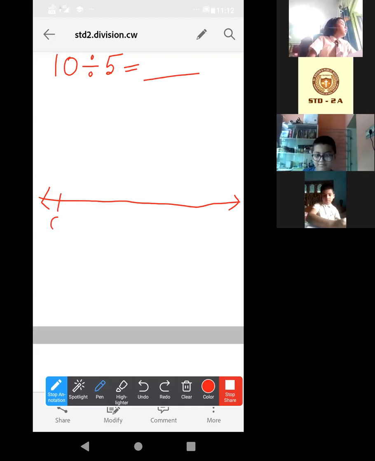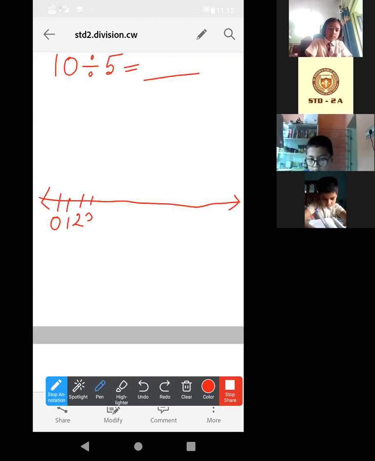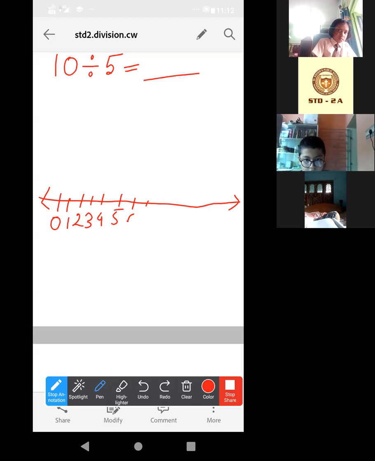Starting with 0, 1, and this gap must be equal. Then 2, 3, 4, 5, 6, 7, 8. No need to do it all, just try to understand. 9, 10, 11, 12.